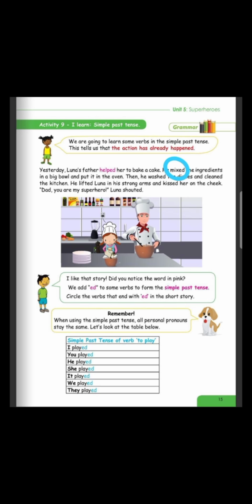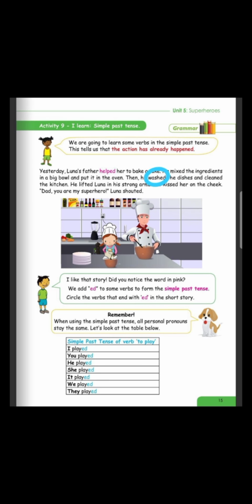He mixed the ingredients in a big bowl and put it in the oven. Then he washed. Wash, verb to wash, in the simple past tense, washed. W-A-S-H-E-D. So we have to circle washed.